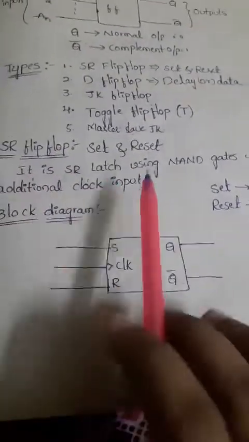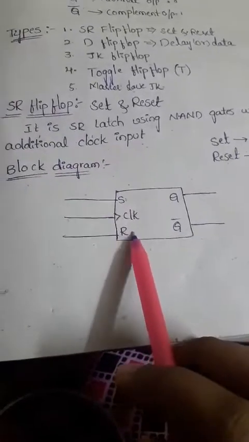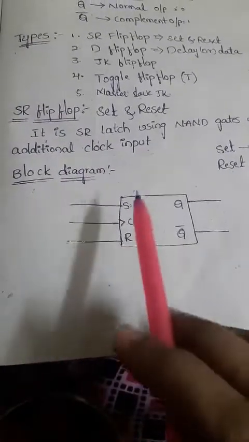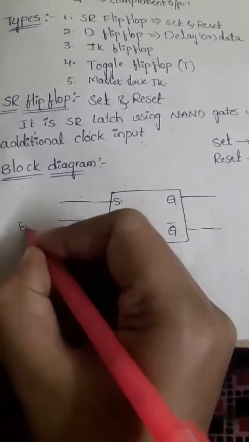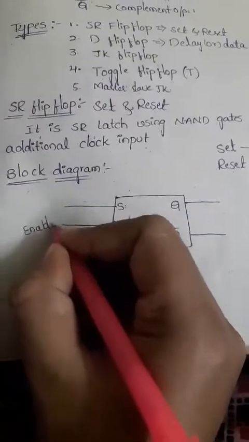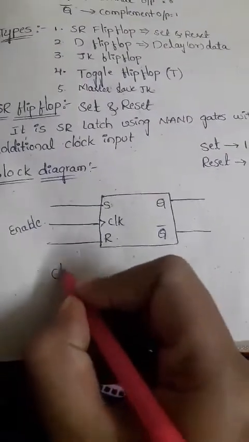Let's see the block diagram of the SR flip-flop. Here S is one input and R is the other input of the SR flip-flop, and this is the clock, which we call the enable input. CLK is the clock signal.